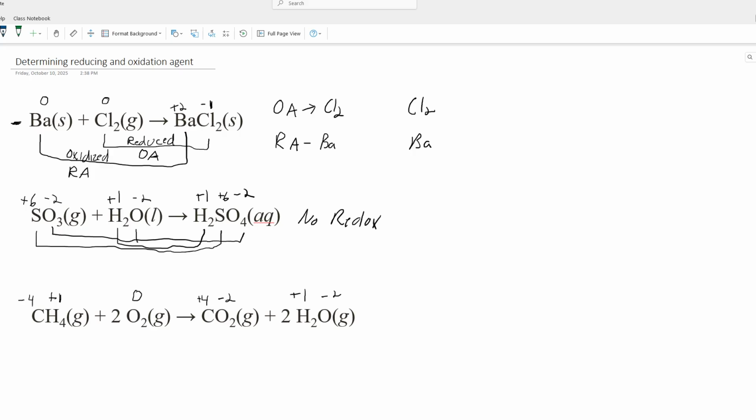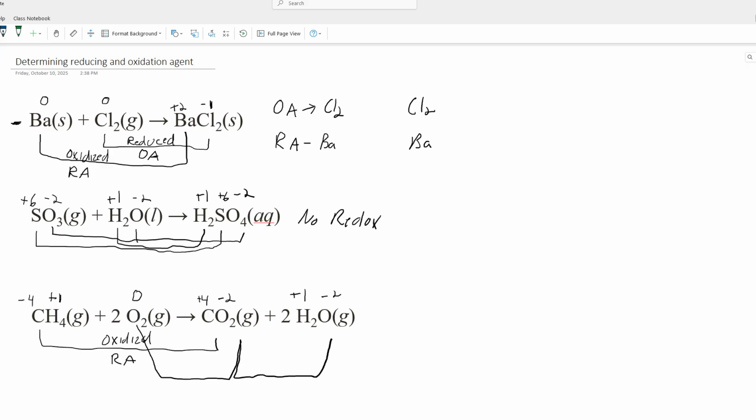All right, let's start drawing our arrows. Carbon goes from a -4 to a +4. It's a massive change, isn't it? It has been oxidized. Therefore, it is the reducing agent. Oxygen goes from a 0 to a -2.